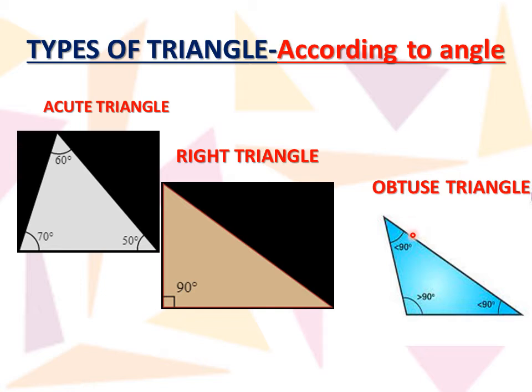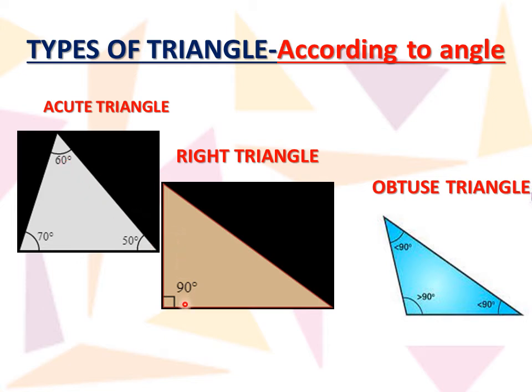And in an obtuse triangle, one of the angles has to be greater than 90. The other two, obviously, will be less than 90. But if one of the angles is greater than 90 degree, then it is an obtuse triangle. But in an acute angle triangle, all the three will be less than 90 degree. All the angles will be acute, then we will have an acute triangle.